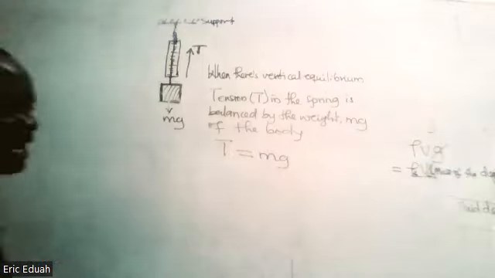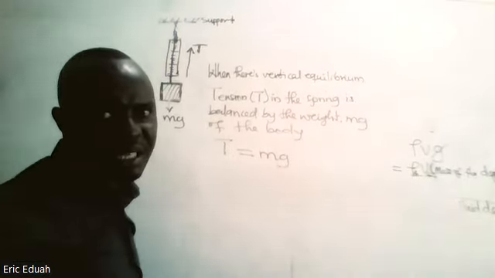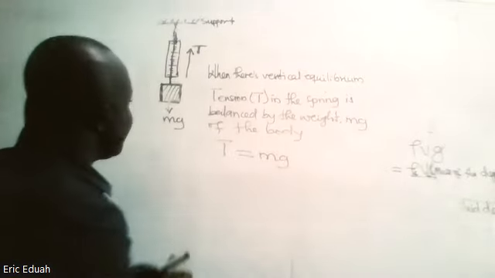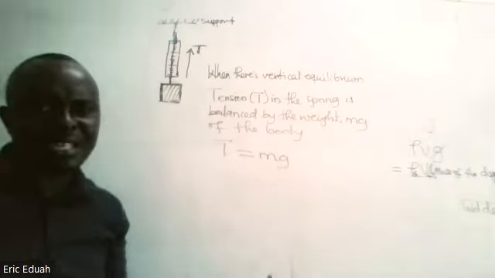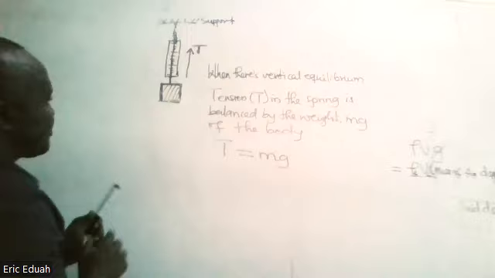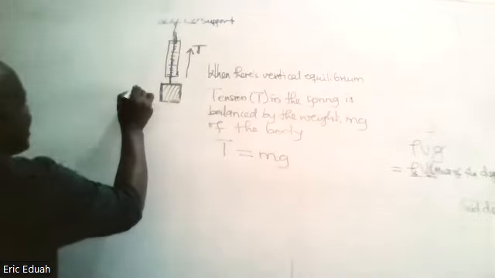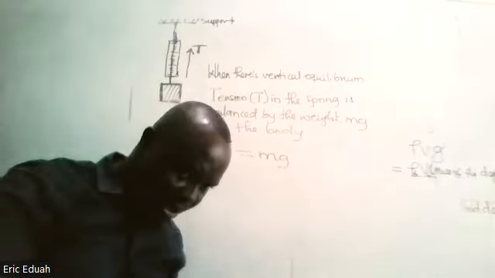Then I'm giving another scenario. The second scenario is that the same setup is suspended, but this time the mass is submerged in liquid or water. Please let me change my marker.